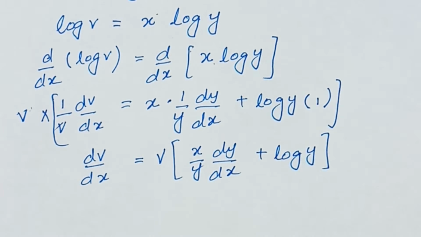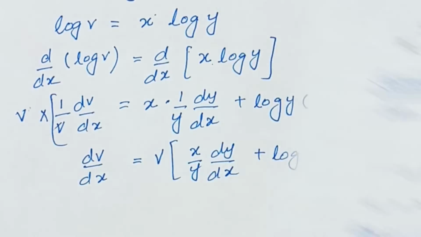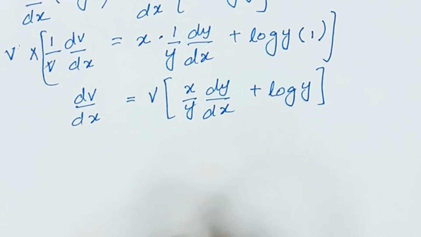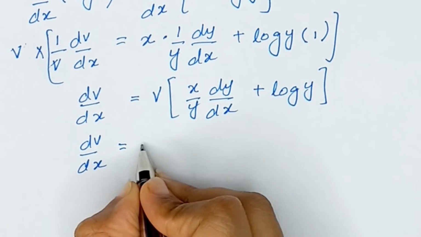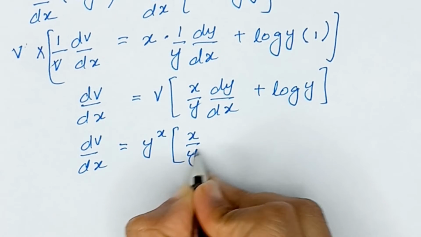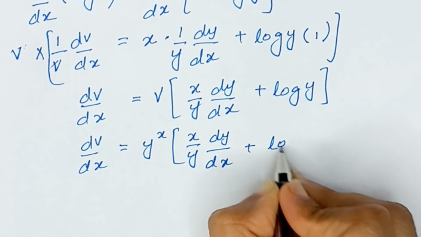And we know that v is equal to y to the power x. So it will become dv divided by dx is equal to y to the power x times x divided by y dy divided by dx plus log of y.